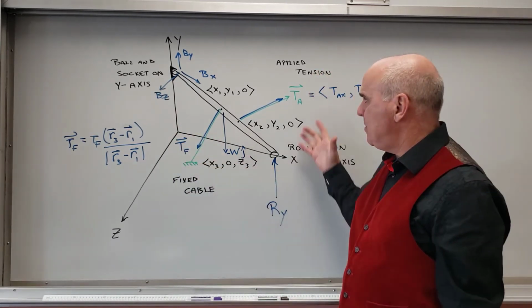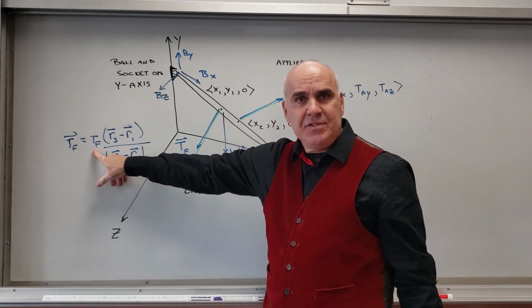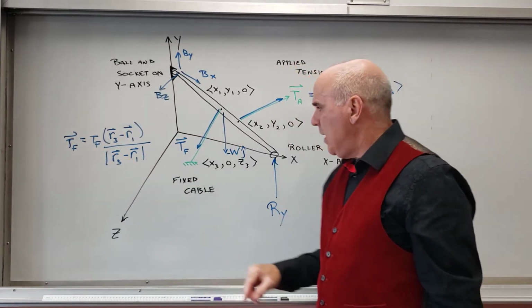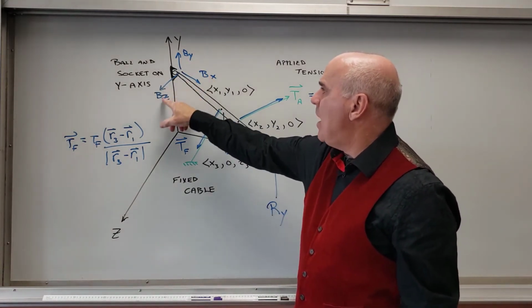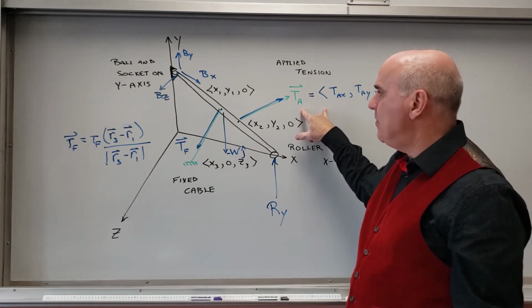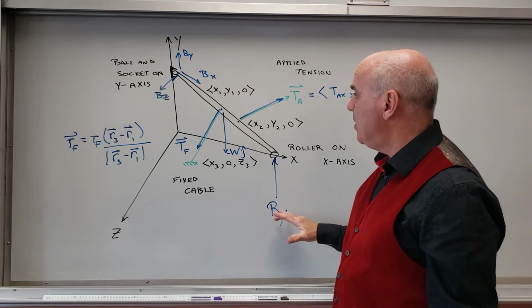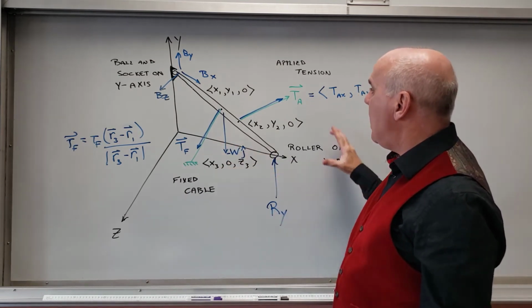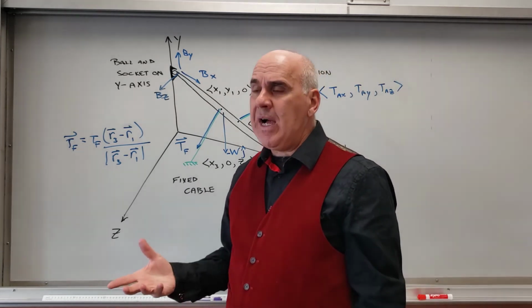So I've got this system right here. Let's assume TF magnitude is not known, the roller force is not known, and BX, BY, BZ are not known. We're going to assume the T applied tension is known. So I end up with 5 unknowns, which means I'm going to need 5 equations.